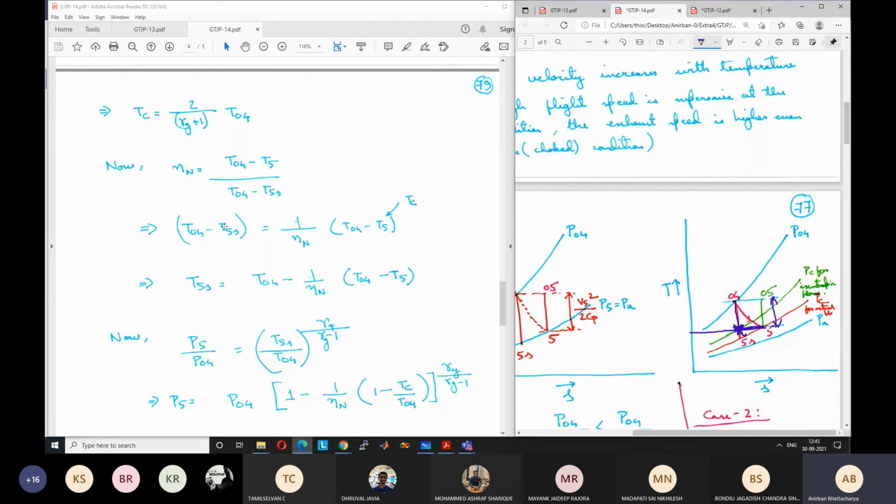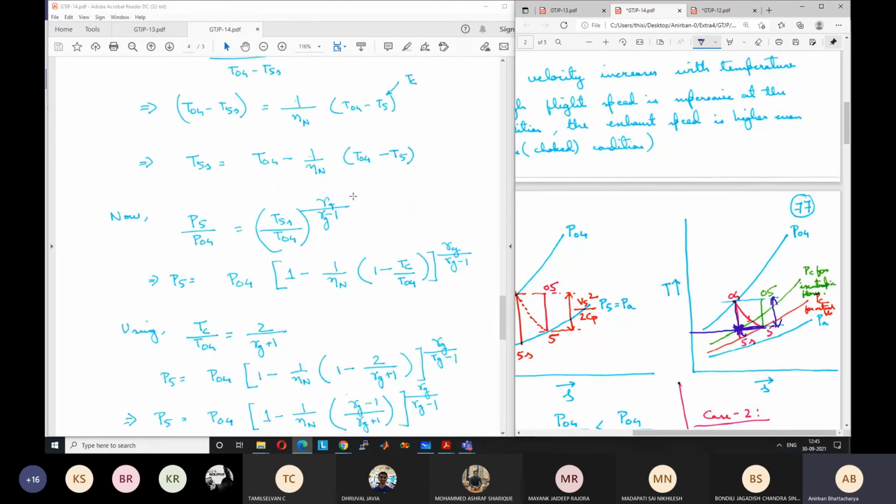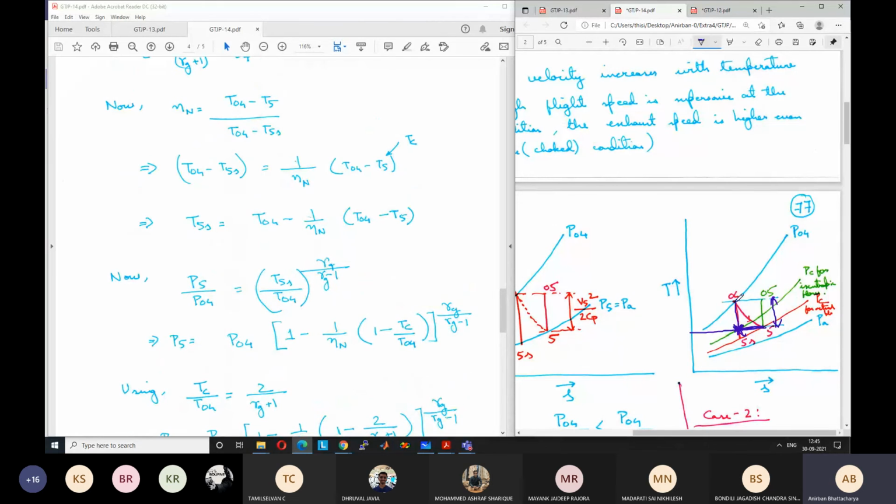Now remember that P5, what is P5? P5 is the actual exit pressure. This corresponds to this line. P5 by P04 for this isentropic process going from here to here. So P5s is equal to P5.